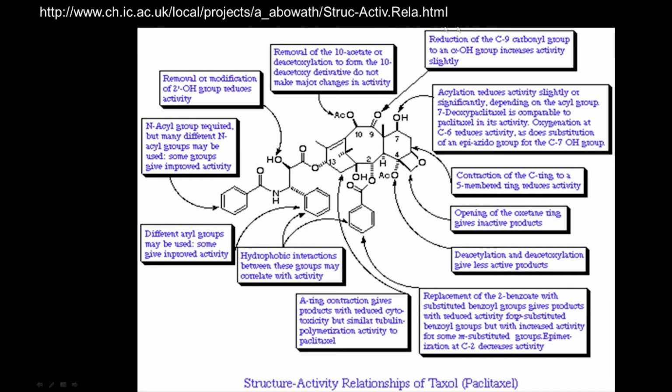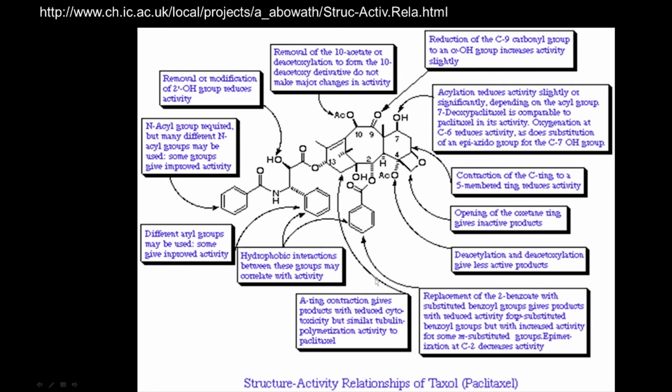How was this performed? Because of the understanding of the importance of each of the functional groups and positions. So look at this. Removal or modification of the OH group reduces activity. Hydrophobic interactions between these groups may correlate with the activity. That means you can have two benzene rings, so there could be benzene stacking.